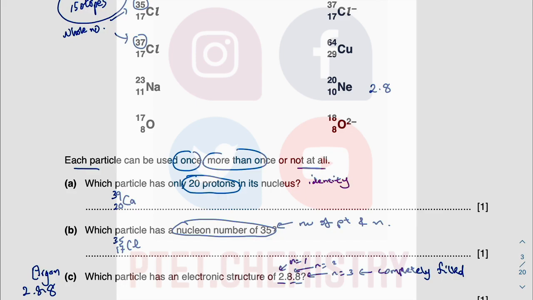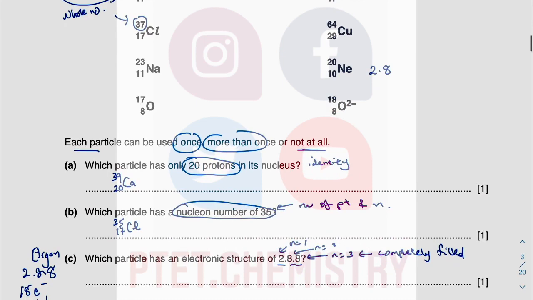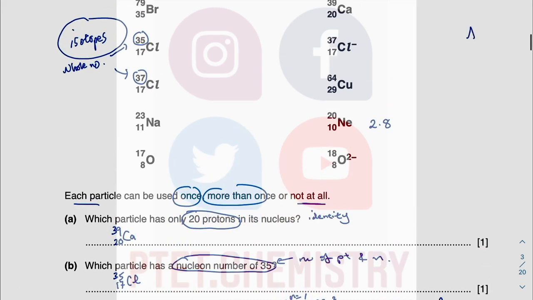When you look in the periodic table, there's argon, before argon there is chlorine, and before chlorine there's sulfur. These are element numbers 18, 17, 16, and after argon, element number 19, the number of protons, is potassium, and 20 is calcium.